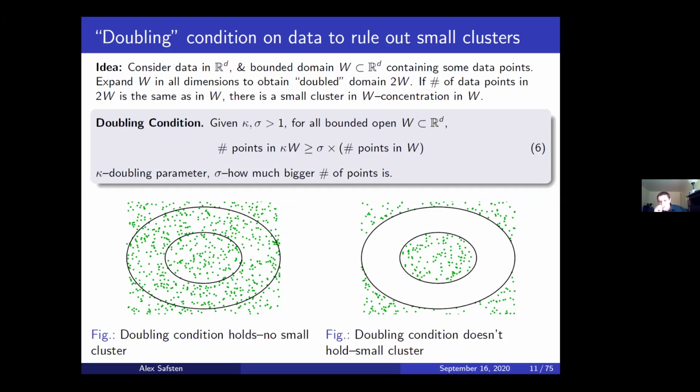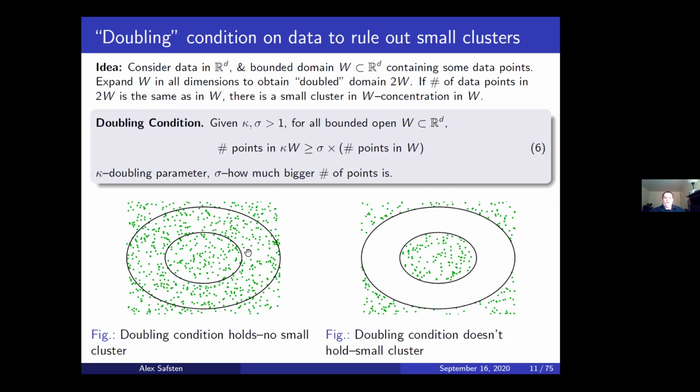Consider, for instance, the picture on the right, where we have an ellipse which contains some of the green data points, and then we expand to the big ellipse which contains no extra data. We conclude that the small ellipse must have contained a small cluster of data.